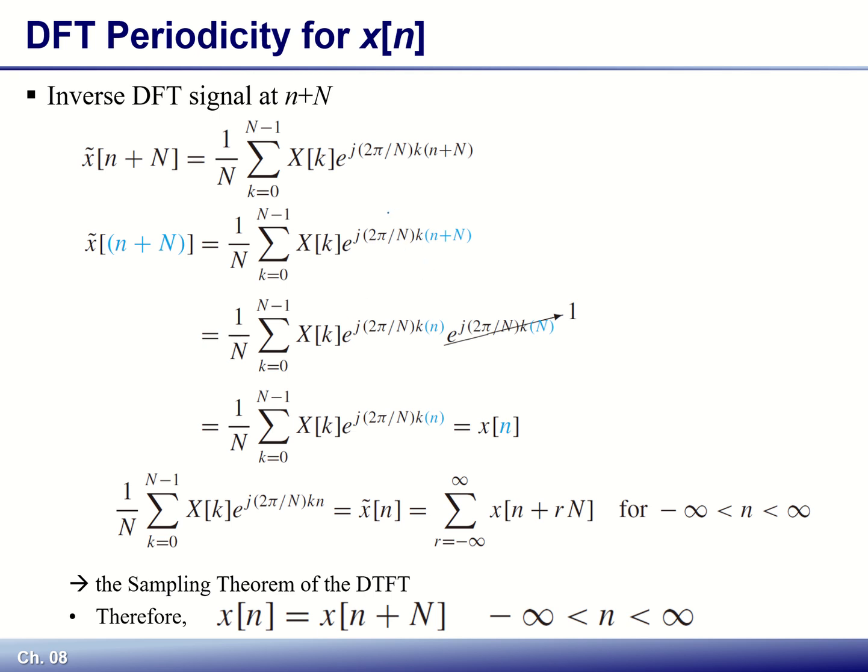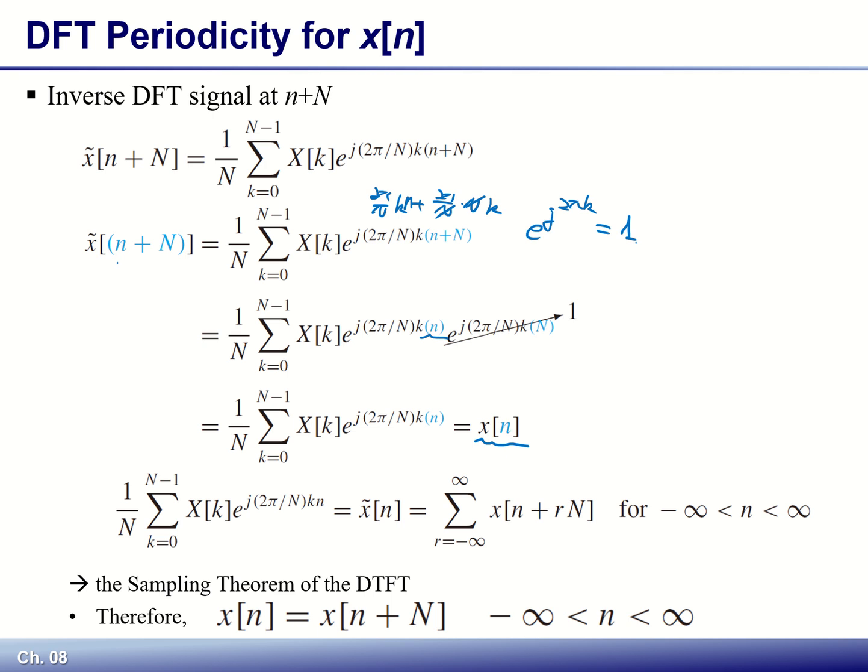So here we get 2 pi over N k n plus 2 pi over N times N, and the N cancels out, leaving 2 pi k. Since k is 0, 1, 2, 3, 4, 5 up to N minus 1, it is always a multiple of 2 pi. So exponential of j 2 pi k will always be 1. So we have the same number, so it will be x[n].